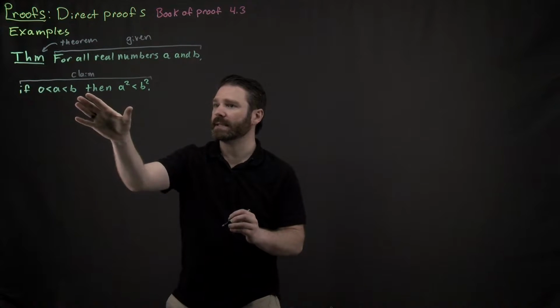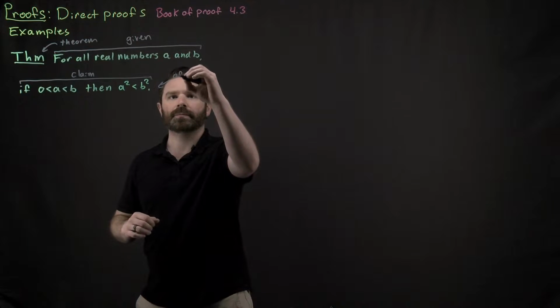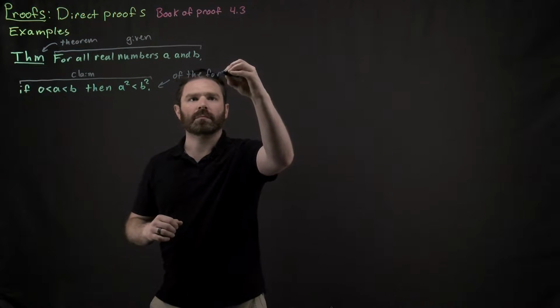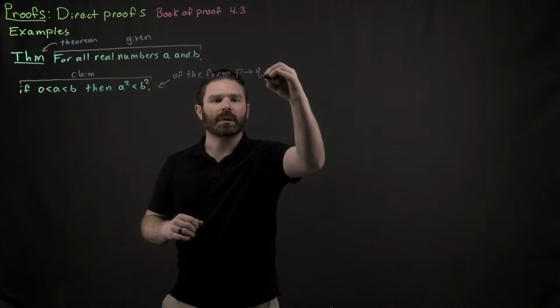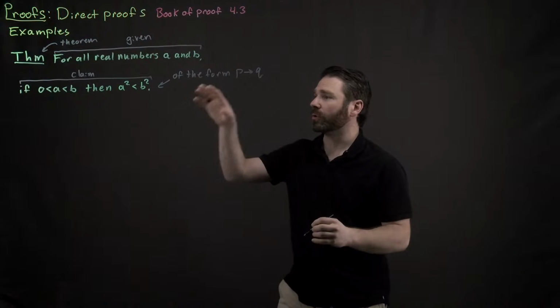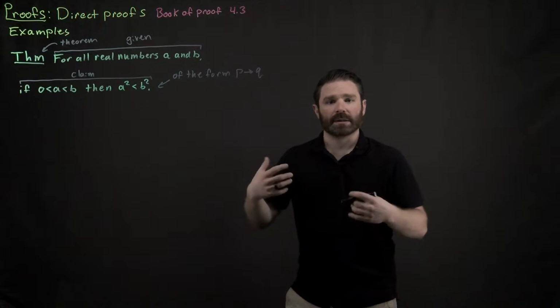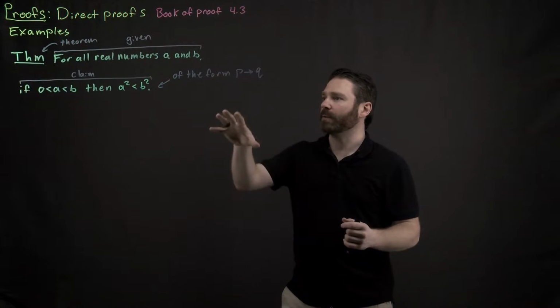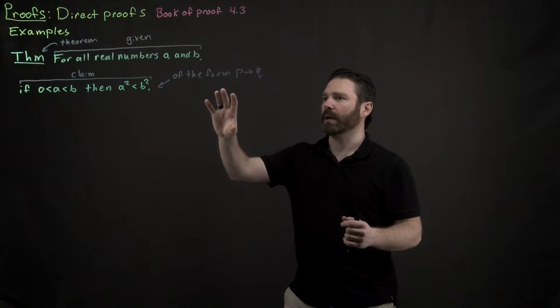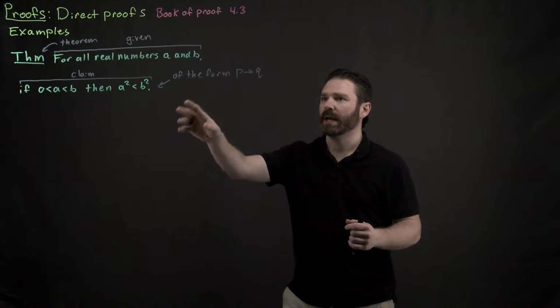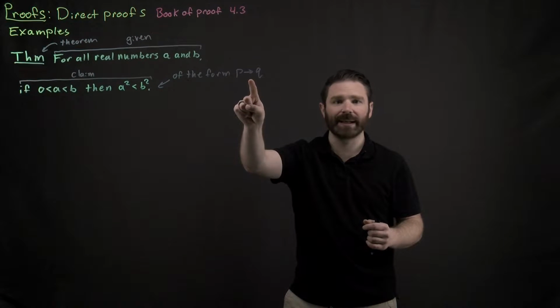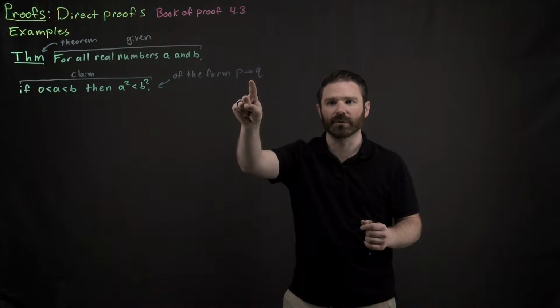So it really is of the form P implies Q. We're trying to show a claim of P implies Q. And so that makes me think a direct proof might be applicable right here, because a direct proof is a way to establish the validity of a claim if P implies Q.